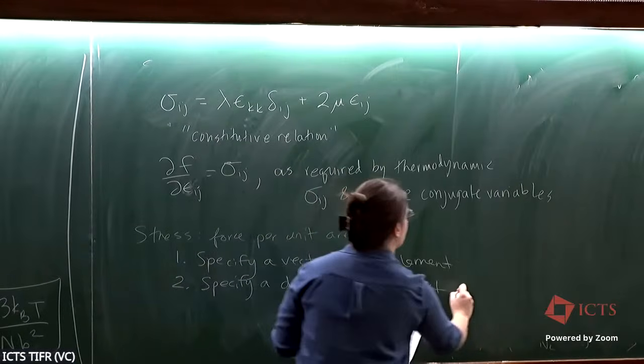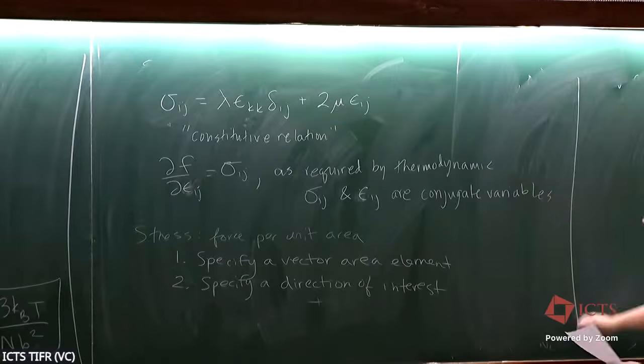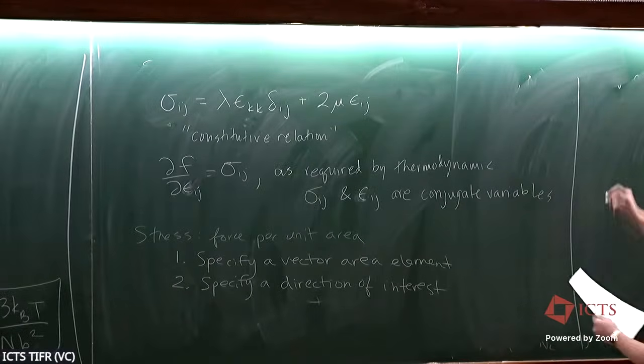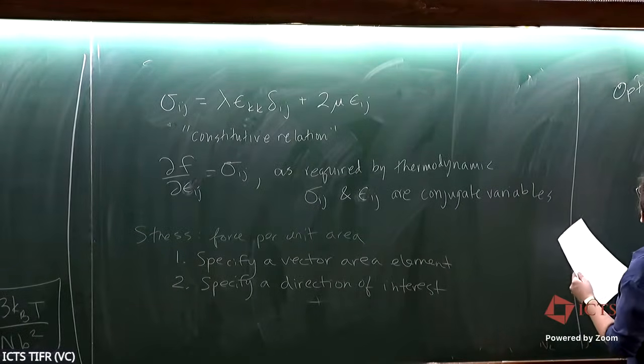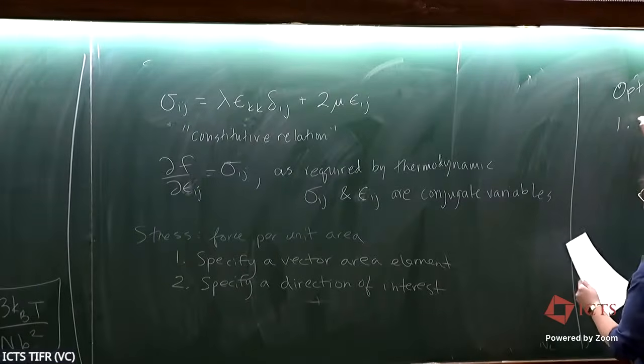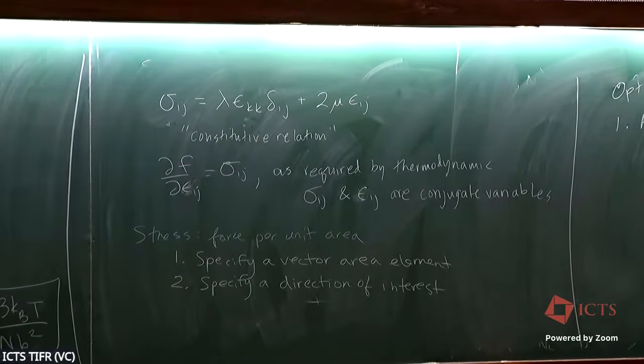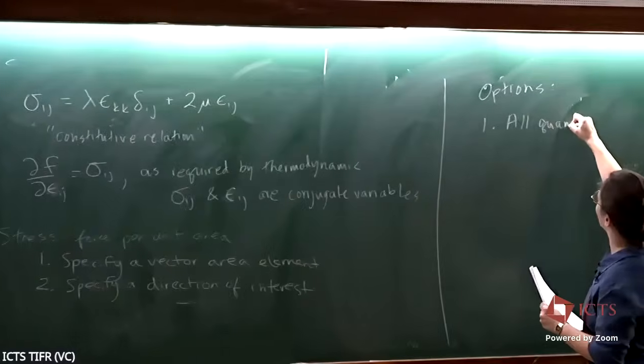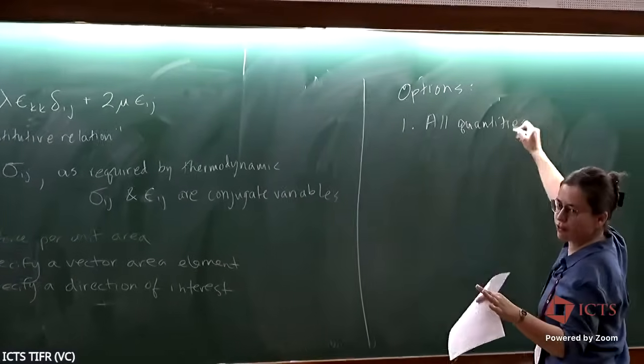And this leads us to, in a very simplified picture, 3 possible choices. So our options are as follows. Option 1, we may choose to measure all quantities in the actual configuration rather than the reference configuration.